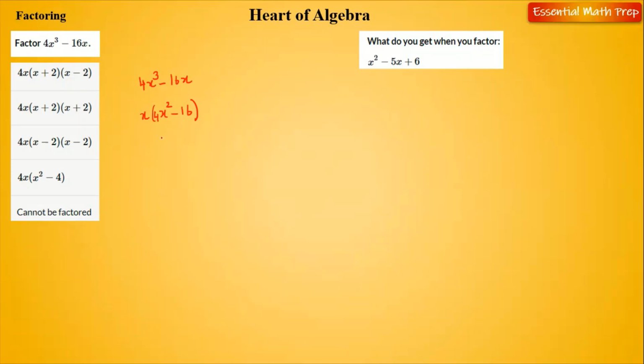Now, if you take 4 out of the picture, that leaves you with x squared minus 4, right? Now, technically, this is correct. This choice right here is correct if the question says which ones are the correct ones, but they're asking you to factor, which means you have to keep going until you can't go any further.